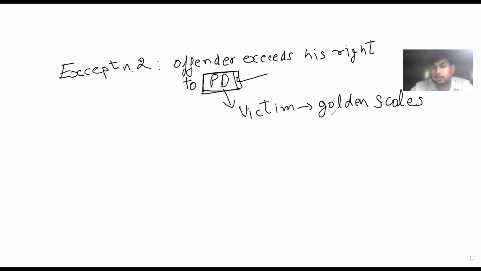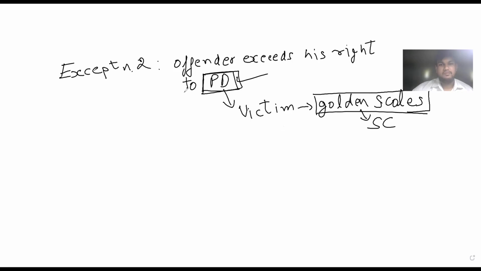At that time I told you that you cannot expect the victim to act under golden scales and to do every act after measuring it in golden scales. This is a term mentioned by the Supreme Court. Okay, that's why I'm mentioning it.